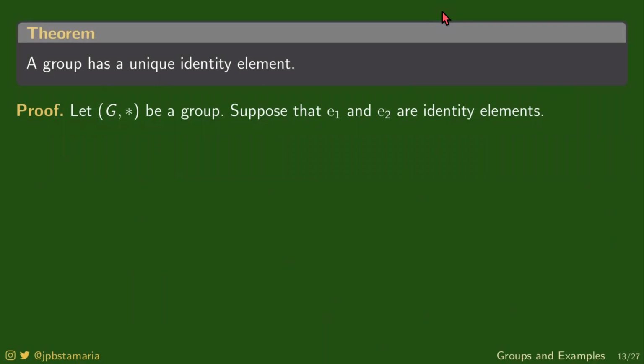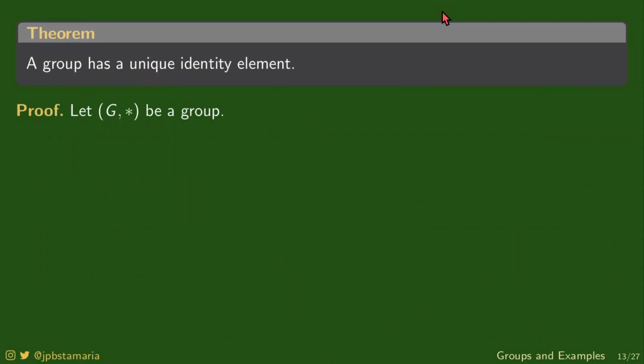Ito, sinabi ko na sa inyo ito dati. Paano natin usually pinapakita ang uniqueness? Kasi meron naman yung fact that a group has an identity already comes from the definition. Ang pinaprove na lang natin dito ay yung uniqueness. How do we guarantee uniqueness?